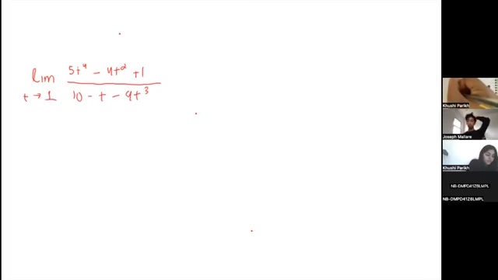Okay, so we're taking the limit as t approaches 1 of 5t to the fourth minus 4t squared plus 1 over 10 minus t minus 9t cubed, right?